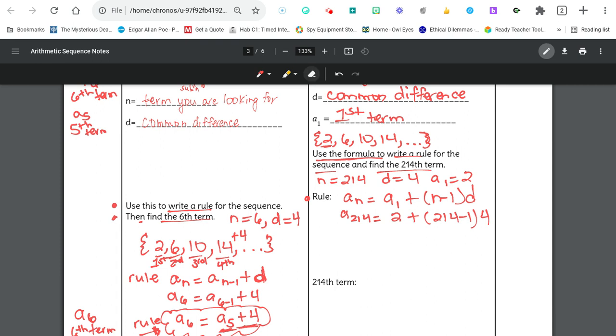Okay, don't do this when you're writing a rule. Don't plug in 214 when you're writing the rule. Right now, I just want to find the rule, so I want to leave n. That's my fault. I still want to replace a sub 1 with 2 and replace d with 4. So when you write the rule, leave n alone.